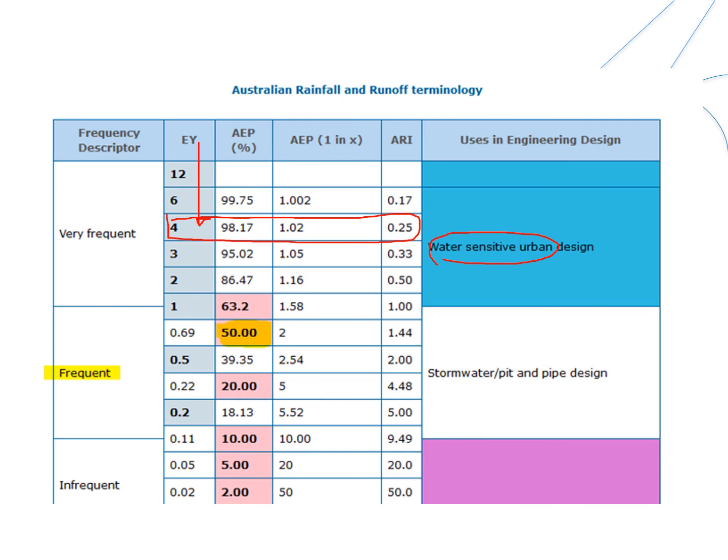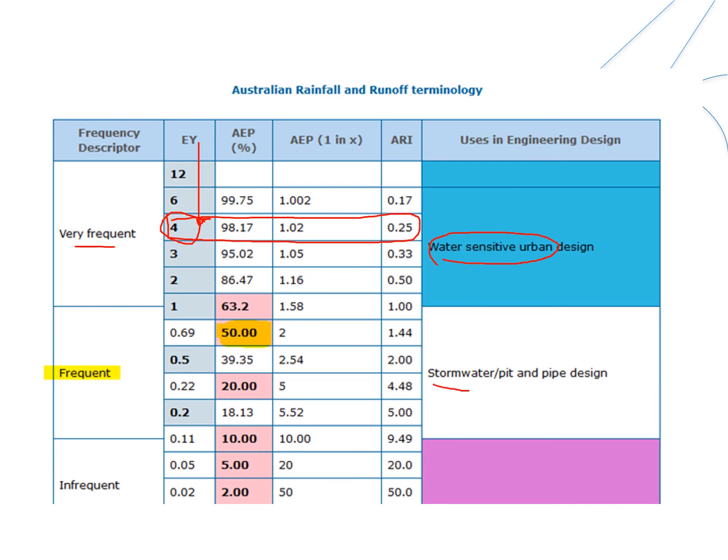But you can say the same thing by saying you are designing your urban asset at the 98.17% annual exceedance probability, or 1 in 1.02 years, or 0.25 ARI. They mean the same thing, but if you use EY for the very frequent events, events per year is easier to understand than saying 1 in 1.02 years, or 98.1% annual exceedance probability.